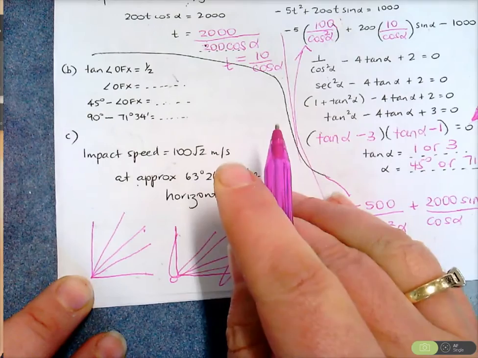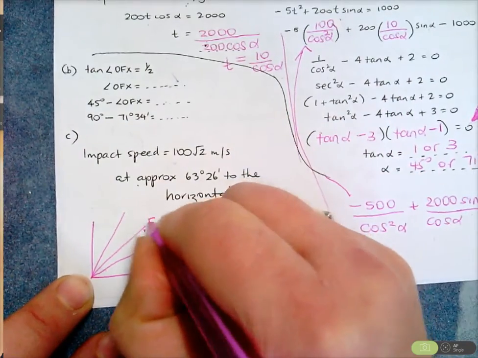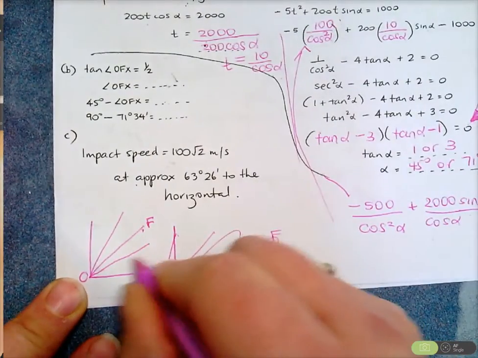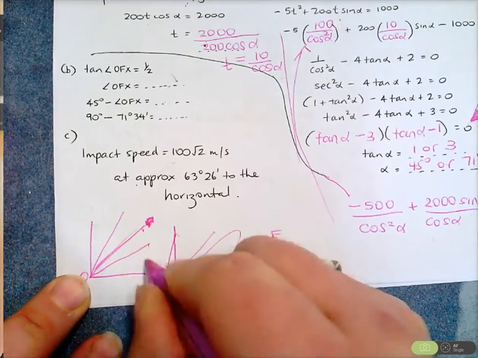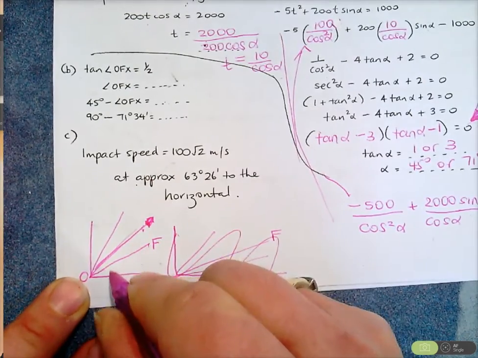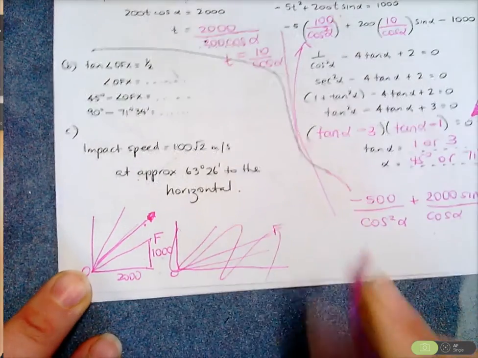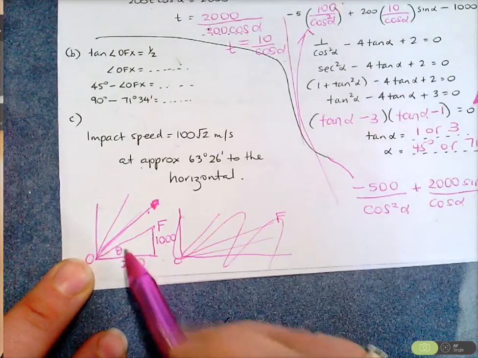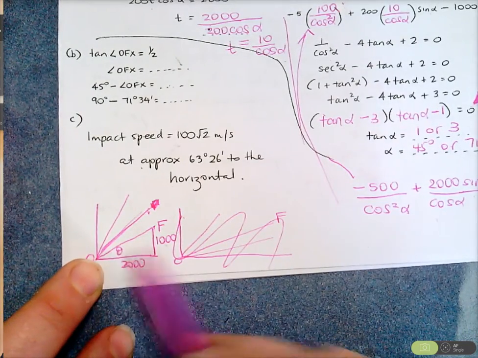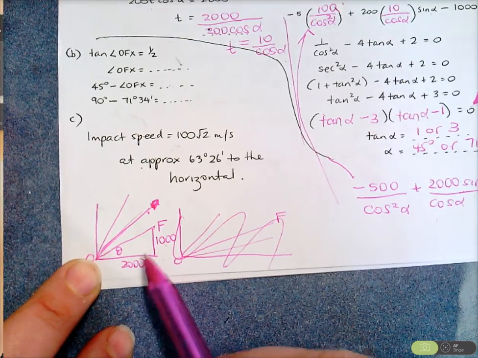This is the weirdest question. Oh, sorry. There's OF. That's the 45-degree angle, right? All right, let's work out the angle for OF. What is it, girls? OF, isn't it 2,000 across, 1,000 up? I'll just put an angle. Isn't tan of theta 1,000 over 2,000, which is a half?